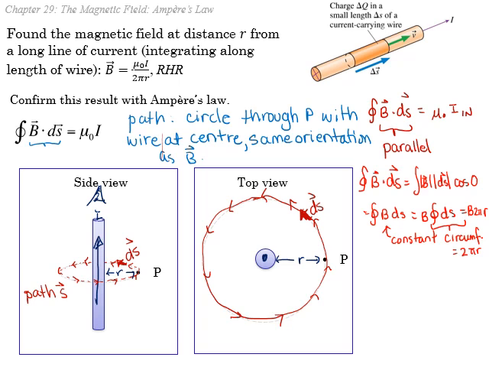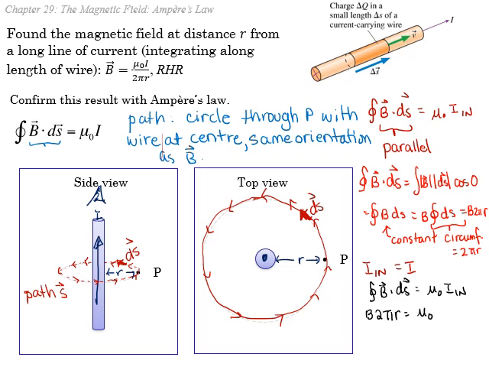The right-hand side is really easy to deal with. I in refers to how much current is inside that path S we drew. Well, the amount of current inside it is just I, the current on the wire. Okay, let's put it all together. The integral of B dot ds equals mu naught times I inside the path. The integral of B dot ds is B times 2 pi r.